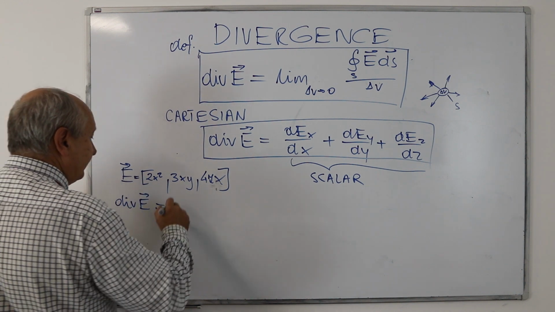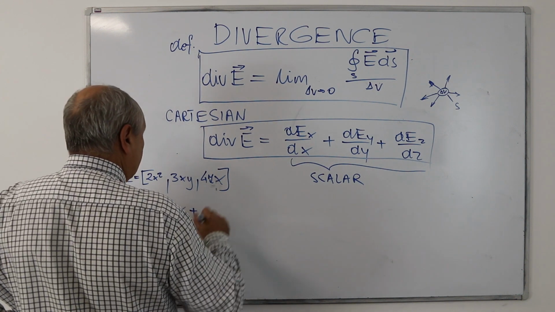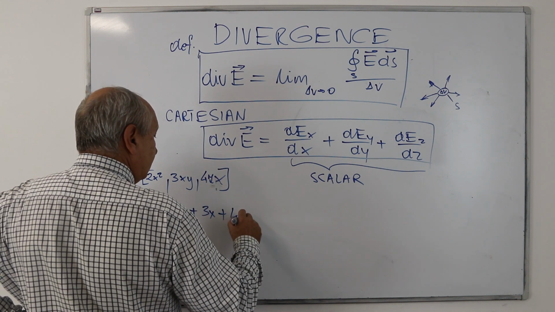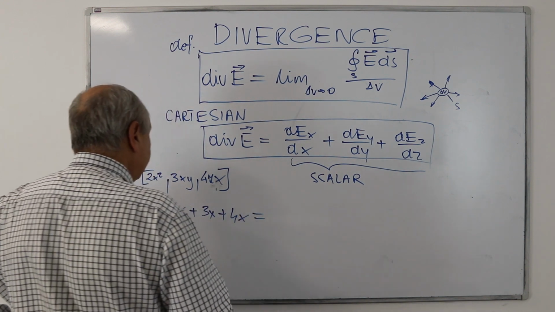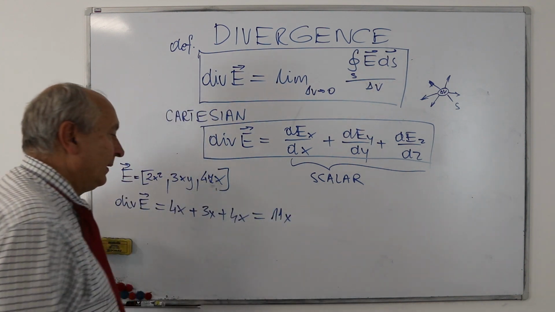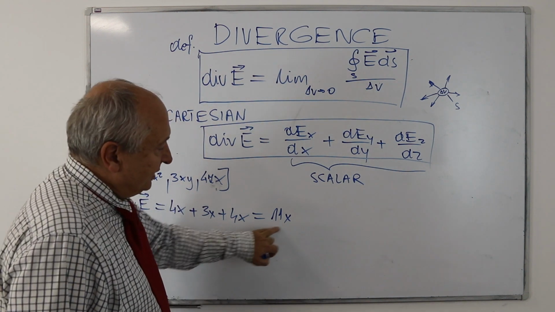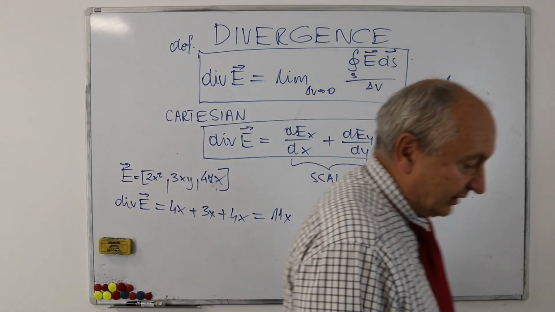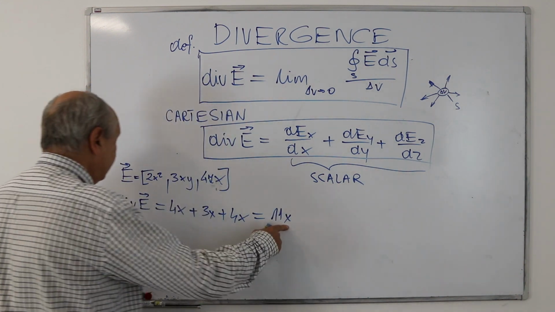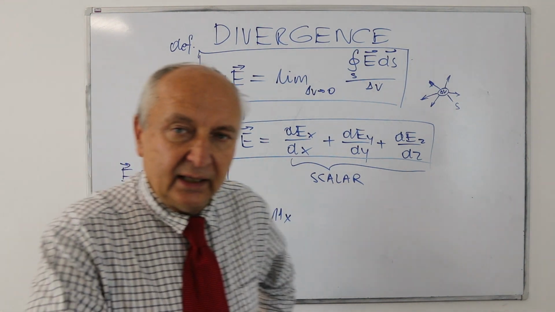So we have from the first one 4x, plus 3x, and plus 4x. So we have 11x. This is, of course, a number. This is a variable, but it is a real number as a result. When we choose every point in the space, we can find the value of divergence, and this is a number, a scalar.